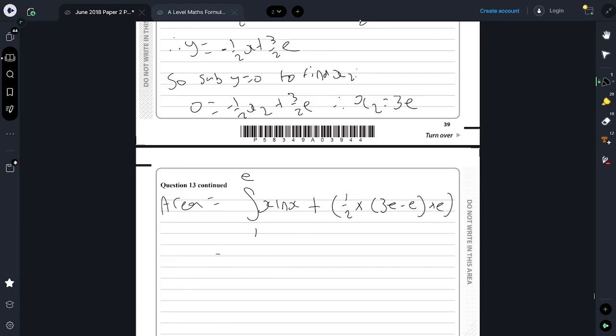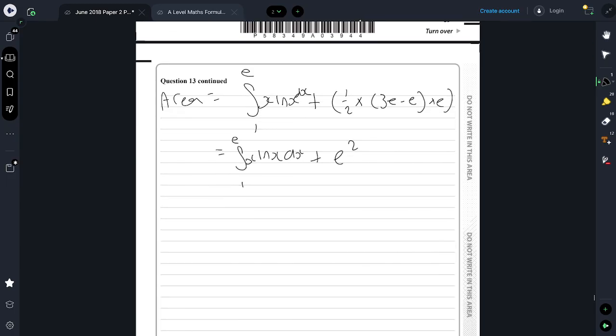Okay. And we can simplify this a little bit. So the integral from 1 to e of x ln x dx, sorry, plus, and then, okay, well, 3e minus e is 2e. Half that, you get e, and then times by e, you get e squared, okay? So now our main mission is to just find what this integral is.